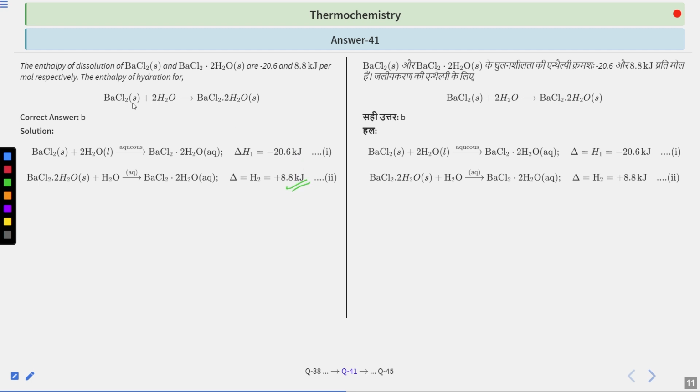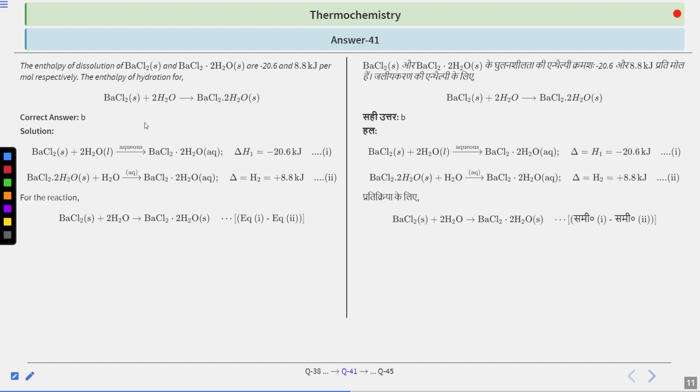Now the overall reaction will be the addition of these two reactions. So first we will reverse the second equation, then we will add them. If we just add both of these, we will get this thing also on the left hand side, and we need it on the RHS, whereas the aqueous form on the LHS can be cancelled out with the upper one.